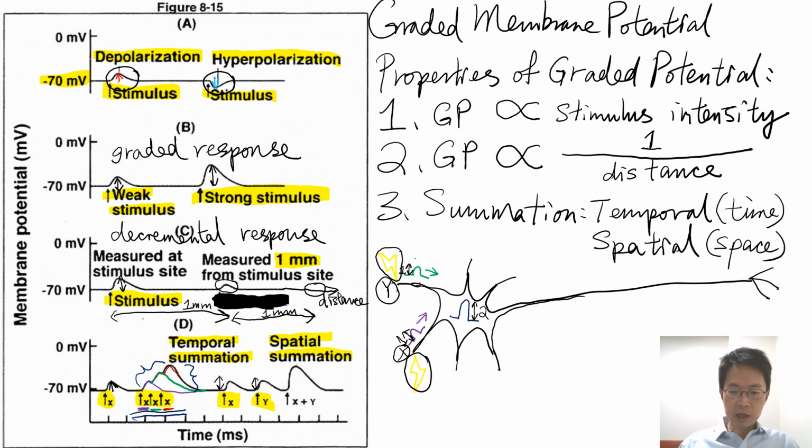And then after you add them up in the soma, the amplitude doubles. We call this spatial summation. Is that clear? All right.